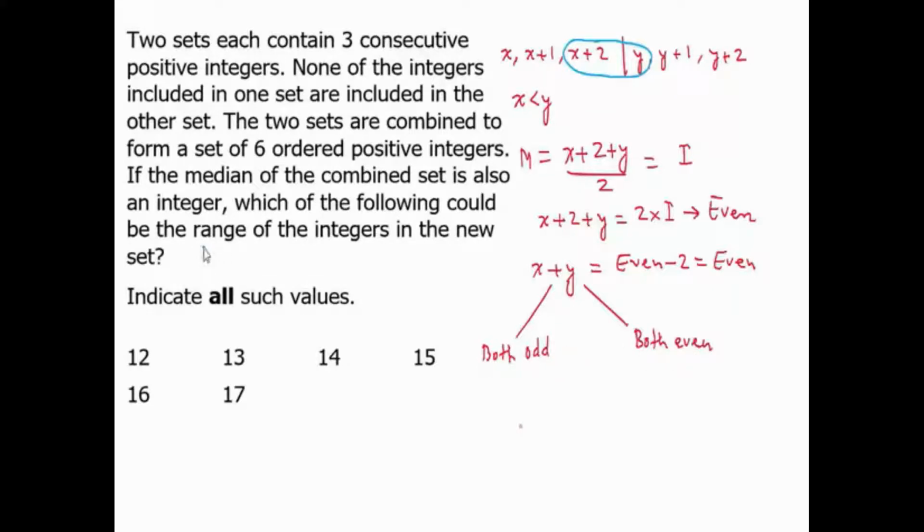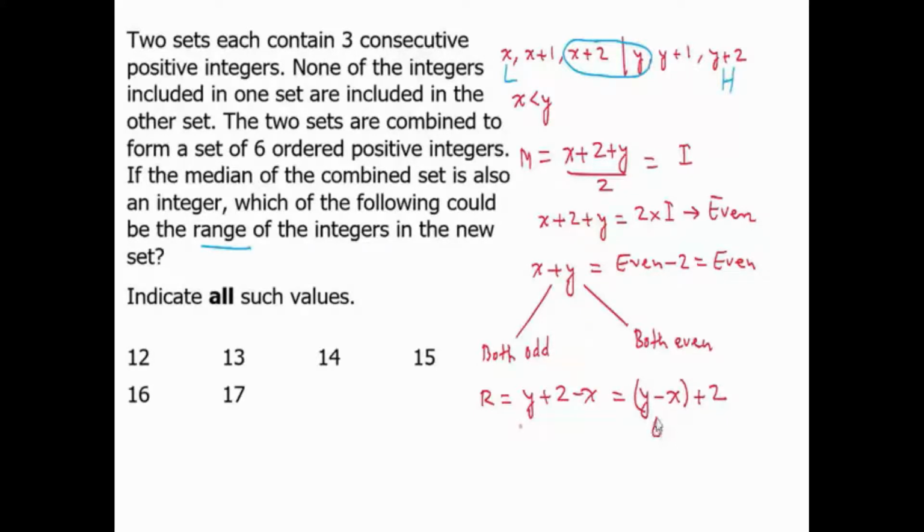And the range of the integers in the new set is the highest minus the lowest, which is y plus 2 minus x. So we have the range as y plus 2 minus x, which can be rewritten as y minus x plus 2. So that's 2 more than y minus x. Well, if both x and y are odd, then y minus x is going to be an even number.